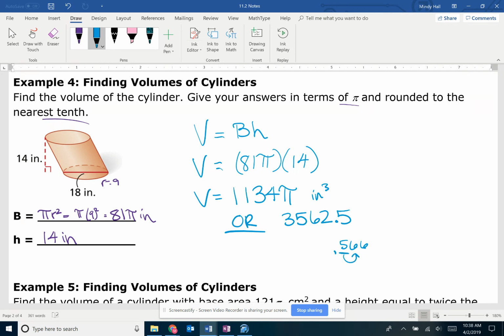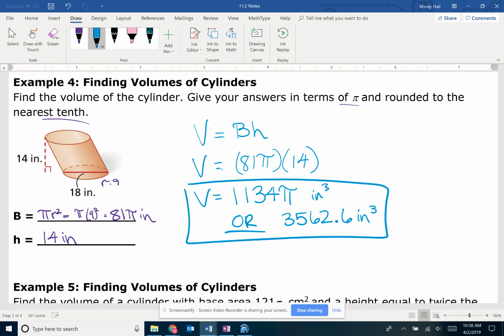That 6 tells me to go up, so it's actually going to be 3,562.6 inches cubed. Okay, so again, remember, you can leave it in terms of pi until the end.